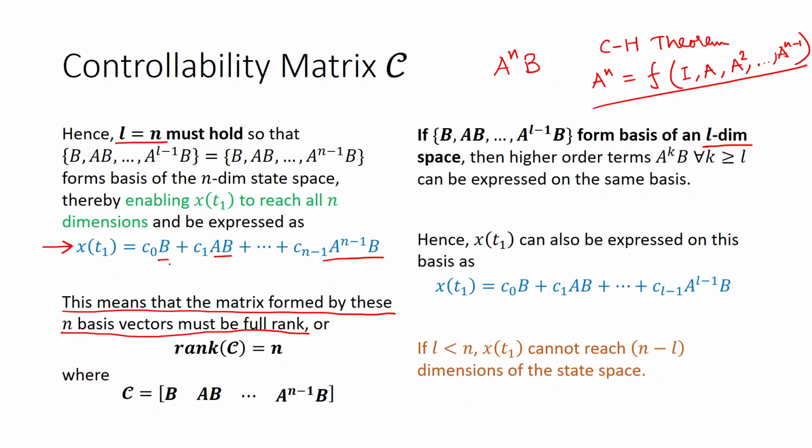That means the matrix formed by these vectors as its columns must be full rank, and this matrix is called the controllability matrix.